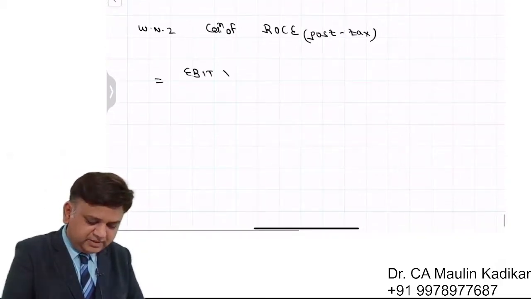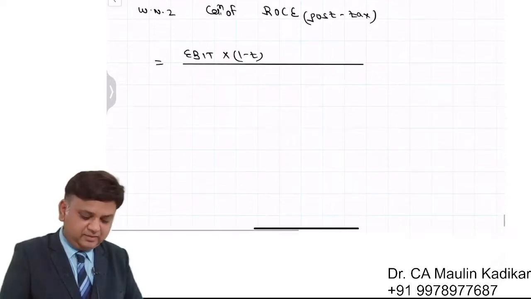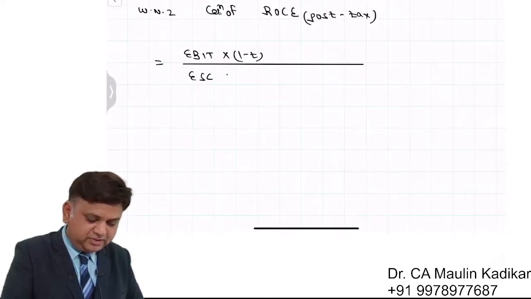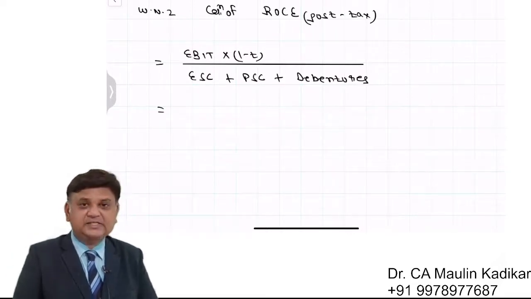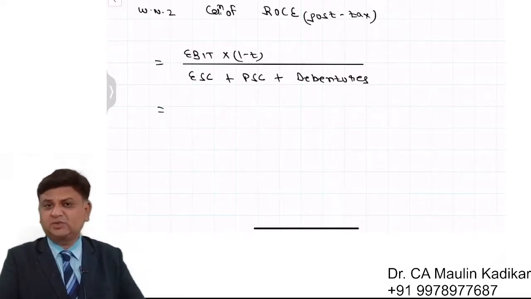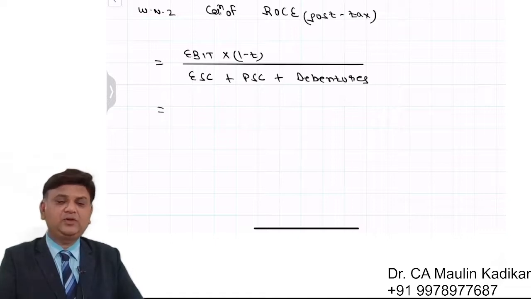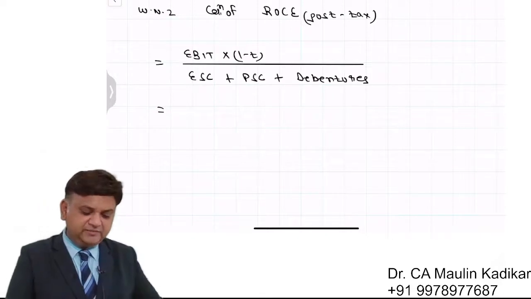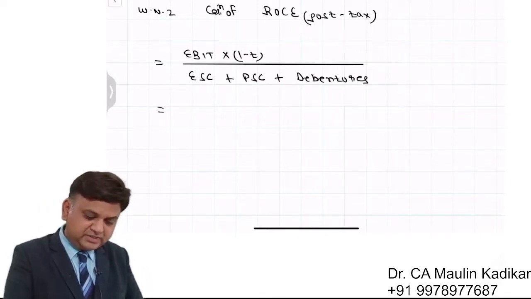It is earning before interest and taxes into 1 minus t divided by equity share capital plus preference share capital plus debentures. That is what we understand as capital employed. Dear students, if at all the reserves and surplus would have been given, then it would be included as a part of the capital employed, because this is basically understood as capital employed.